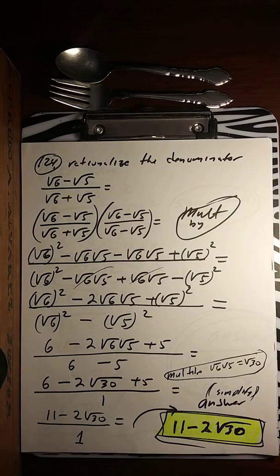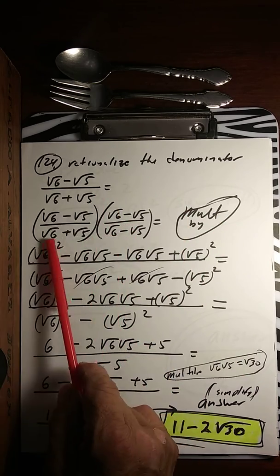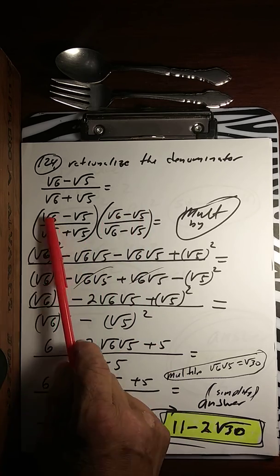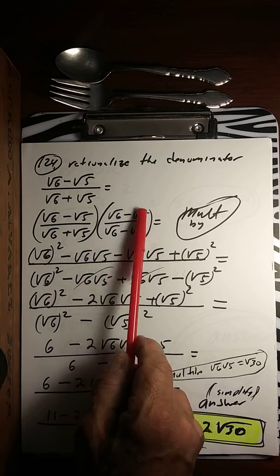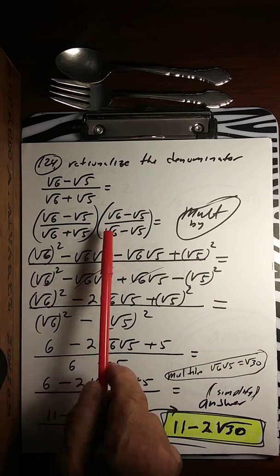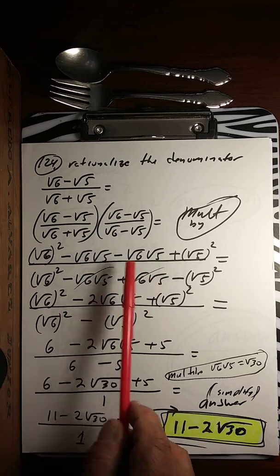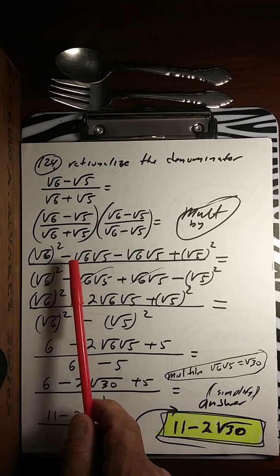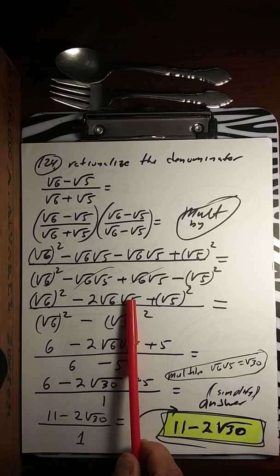Rationalize the denominator, means the bottom of it. So this right here, square root of 6 minus square root of 5, square root of 6 minus square root of 5, multiply. So that times that is this one squared, that times that is this one, that times that is that one, that times that is this one. Bottom. That times that is square root of 6 squared, that times that is negative square root of 5 of those, and this one is positive, and that's negative. So now these are gone. So we have negative 1 of these, and negative 1 of these is negative 2 square root of 6, square root of 5.